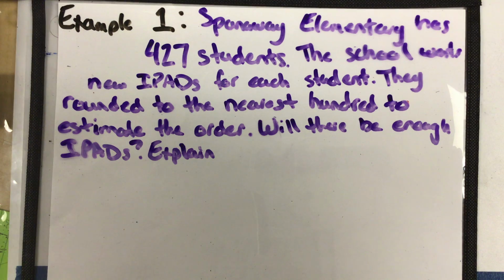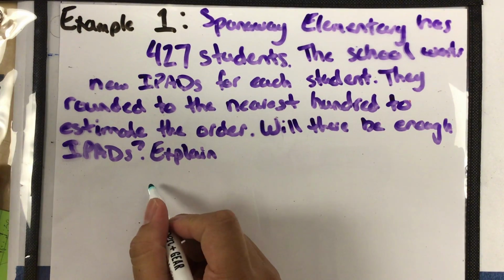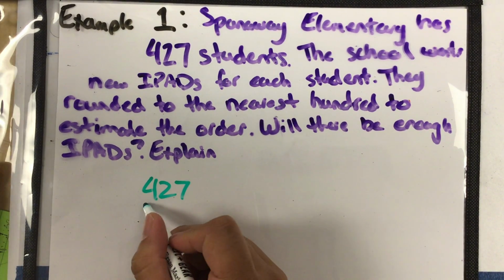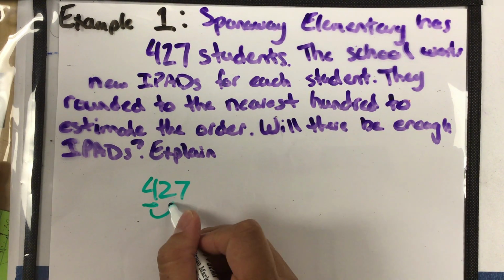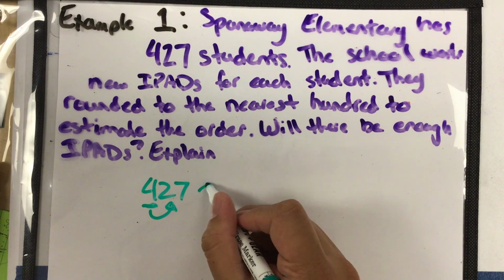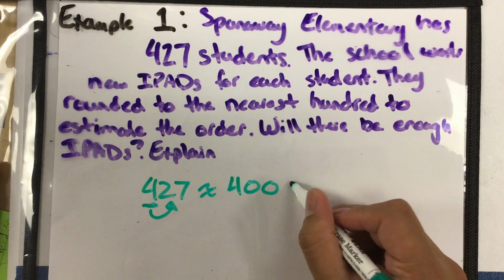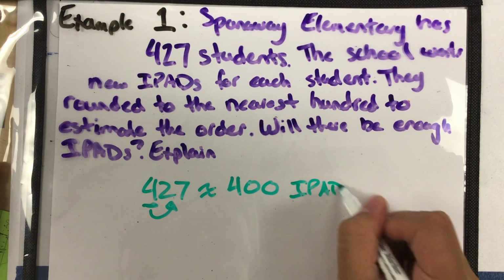Explain. So, if we're looking at the problem, okay, they're saying that we have 427 students. Now, if they're rounding to the hundreds place, we're going to look next door. So that would equal about 400 iPads.